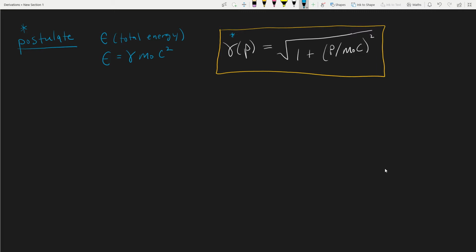A second condition of this postulate is that it must satisfy a low speed condition.